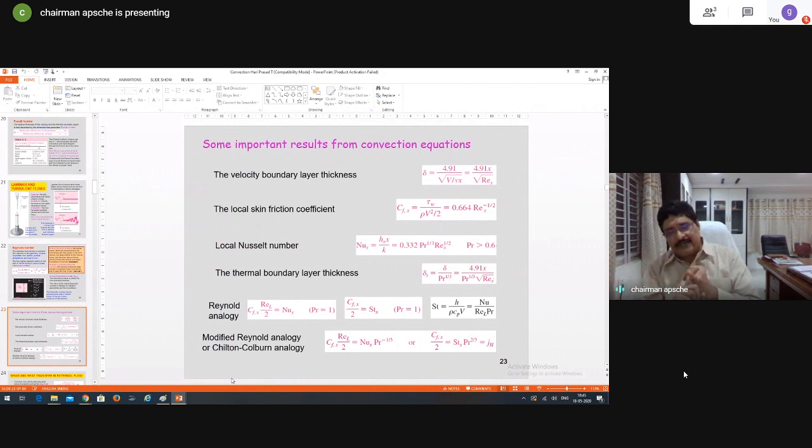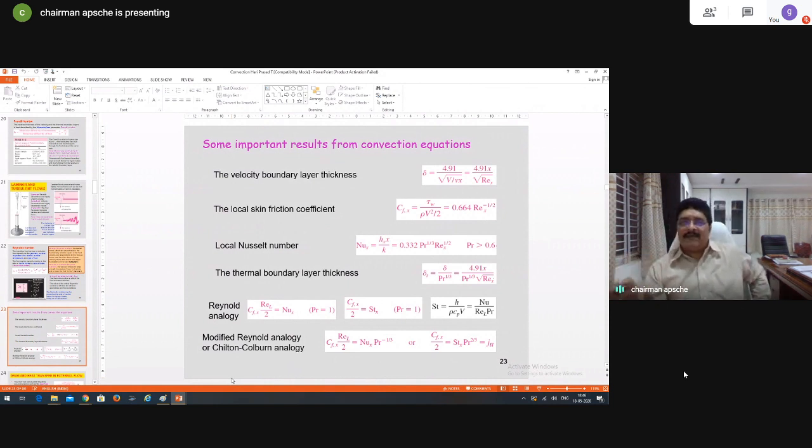So skin friction you can calculate. Why do you calculate skin friction? To calculate shear stress. And why do you calculate shear stress? To calculate drag force or frictional force, FF. So how do you calculate shear stress? CF into half rho v square. So that is given here. CFX can be calculated.